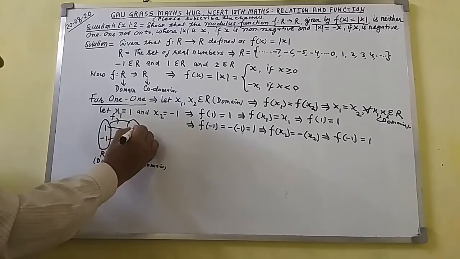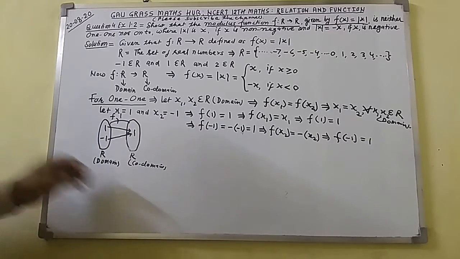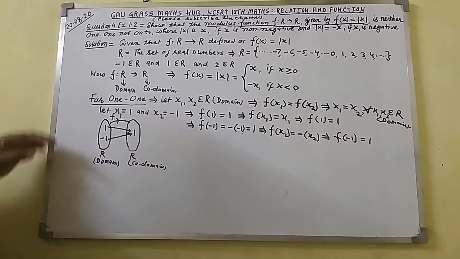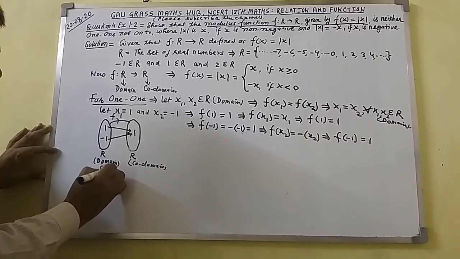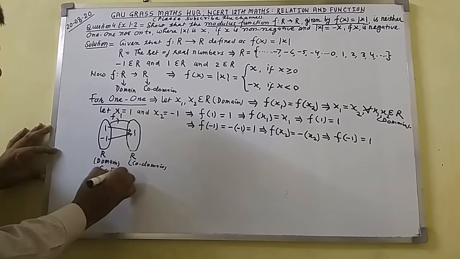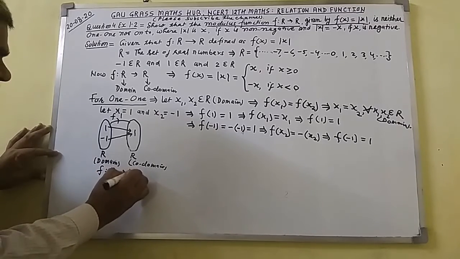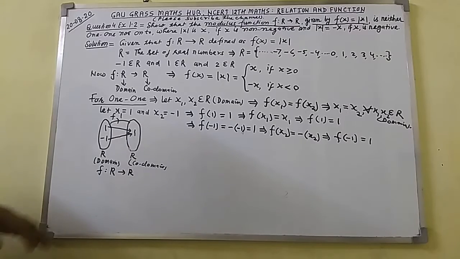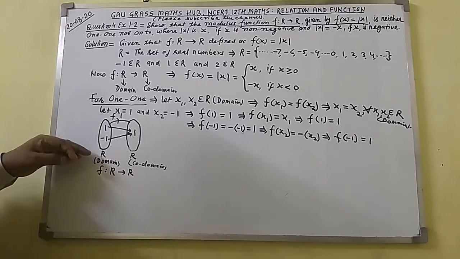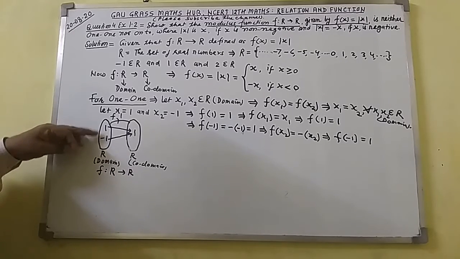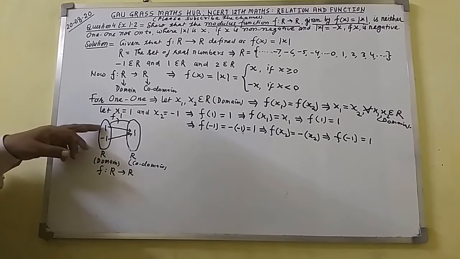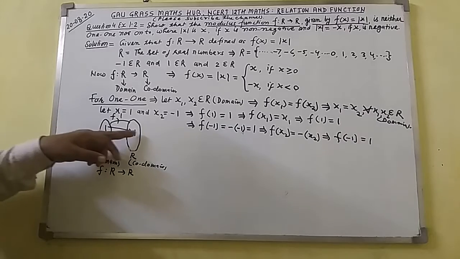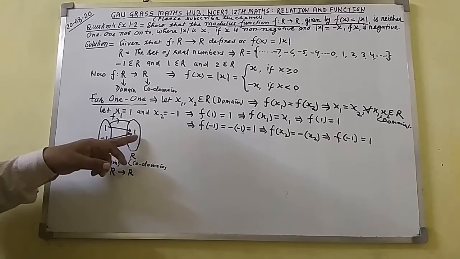Here write 1. So here you can see this function f is a function from the set capital R going to capital R, where 1 comma -1 belong to capital R domain. The image of 1 is 1. The image of -1 is 1.